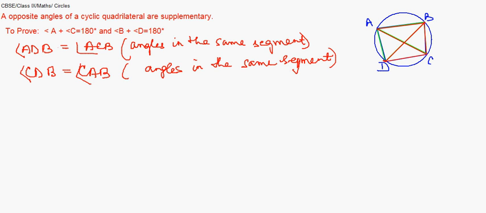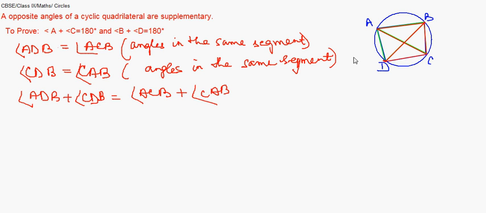Now if we add these two, what do we get? We get angle ADB plus angle CDB is equal to angle ACB plus angle CAB. Now look at angle ACB on the right hand side and angle CAB as well. If I add angle ABC to this side, it completes all the angles of a triangle.